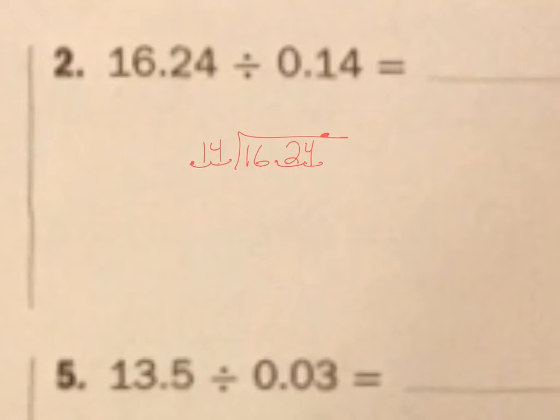Now 14 doesn't go into 1, but it does go into 16 one time. Now subtract it. That equals 2. Bring down my 2. 14 goes into 22 one time. 14, subtract that out. That becomes a 1. That becomes a 12. So I have 8. Bring down my 4.